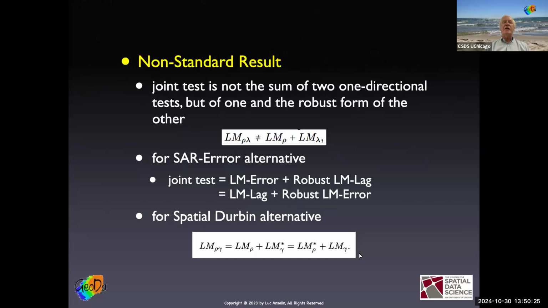The joint test is complex, but it's relatively easy to compute. The corrected test, the robust form, is extremely complicated to compute. So we actually don't compute it in spreg. We get the joint test, and we just subtract the other one-directional test, which gives us the robust form that we're interested in, because we rely on this property. Okay.